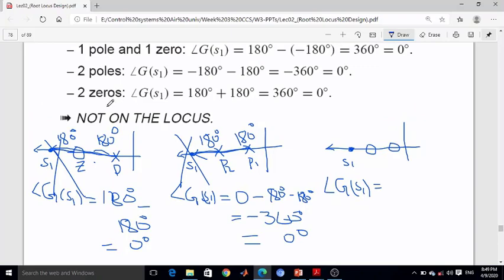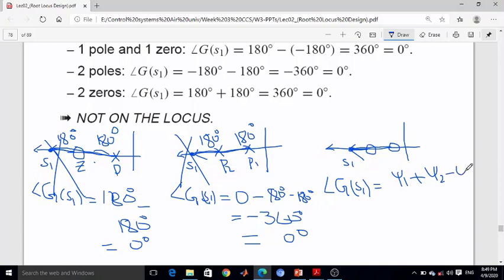Okay, now if we have a third case, if the test point is located on the left-hand side of two zeros, what's going to happen? You will draw a vector from this point. It is making an angle of 180 degrees, and similarly a vector from this zero is also making an angle of 180 degrees. So by writing the summation of angles psi 1 plus psi 2, the summation of angles due to zeros, minus the summation of angles due to poles.